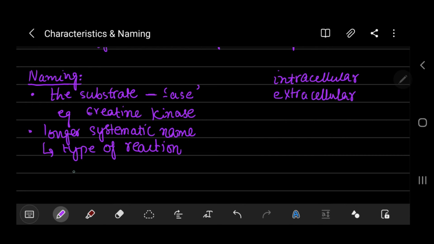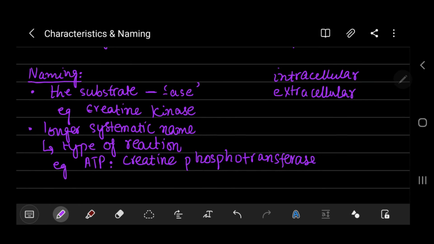So for example, you can have ATP creatine phosphotransferase.